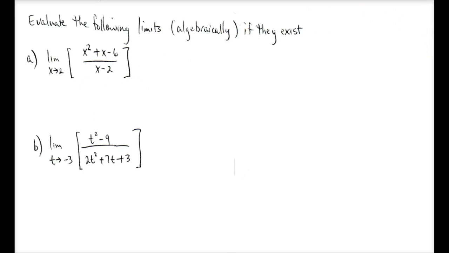One case is vertical asymptotes, and another case is holes, which some textbooks call removable discontinuities. So we need to figure out whether this rational function has a vertical asymptote at x equals 2, or a hole at x equals 2.